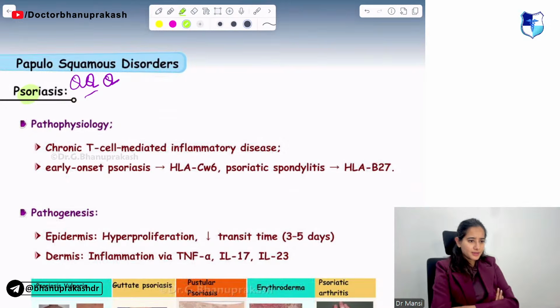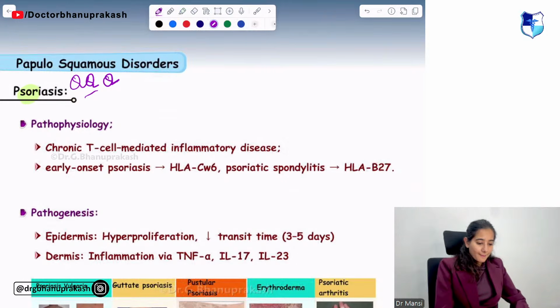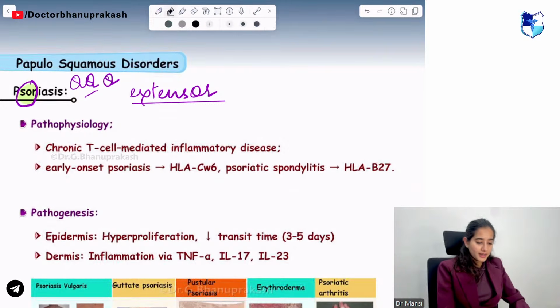Is it the extensor surfaces of the body or the flexor surfaces? Extensor, absolutely. So this sor will remind you of extensor. Exactly, Ritik.